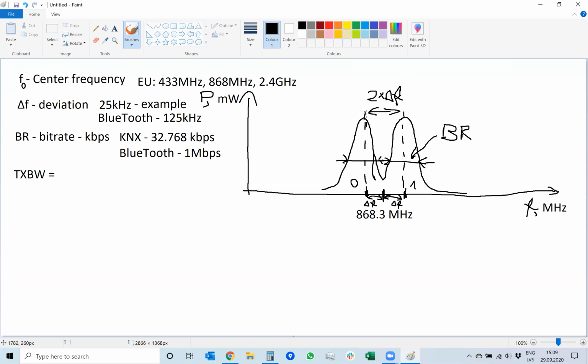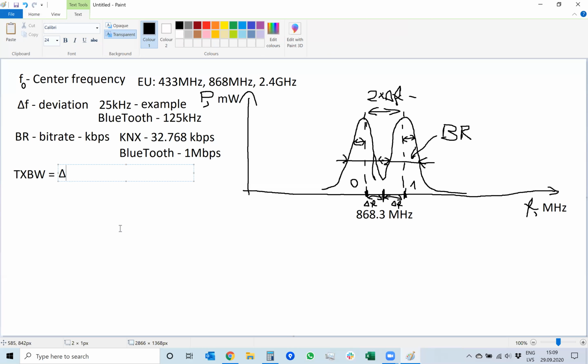So the distance between peaks is 2 times delta f, and the width of each side outside of this range is 1/2 of bitrate. So Tx bandwidth is actually 2 times delta f plus 2 times 1/2 of bitrate, right?